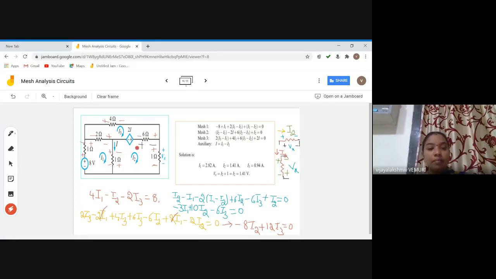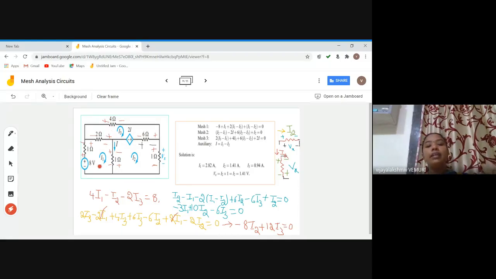Next, coming to the third mesh, you start here, plus 4 into, what is the current flowing? I3. Now go like this, plus 6 into I3 minus I2, since 6 is in between two meshes. Go like this. You are entering into positive here. So plus 2i, go like this, plus 2 into I3 minus I1.